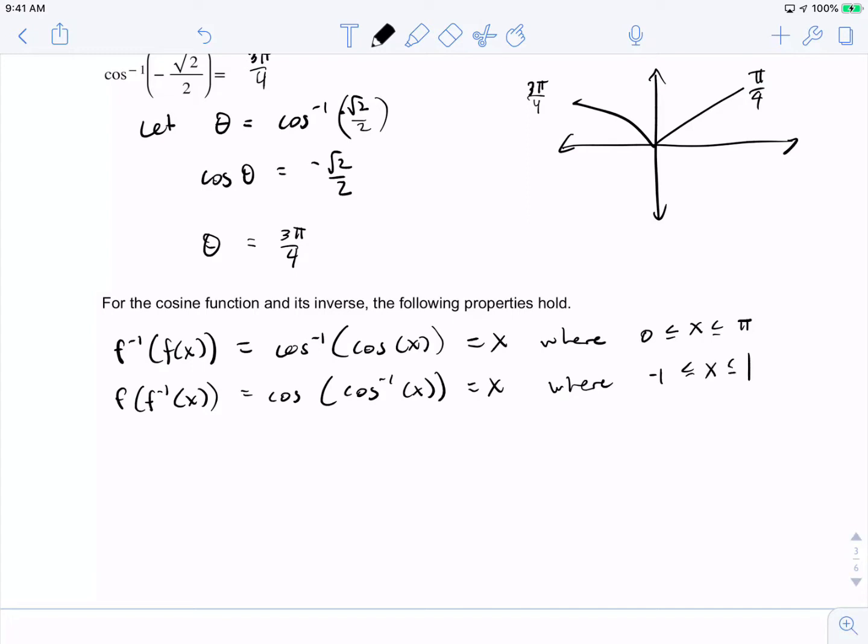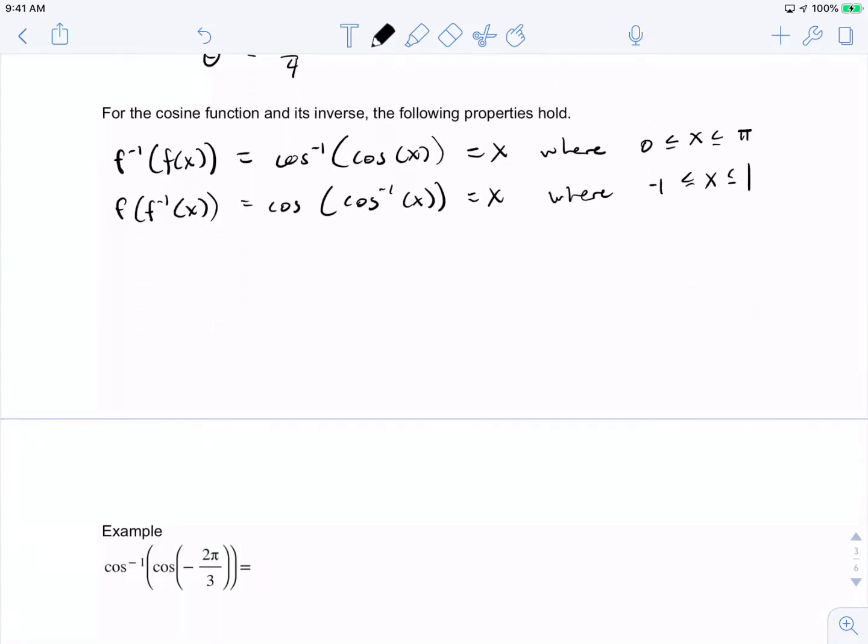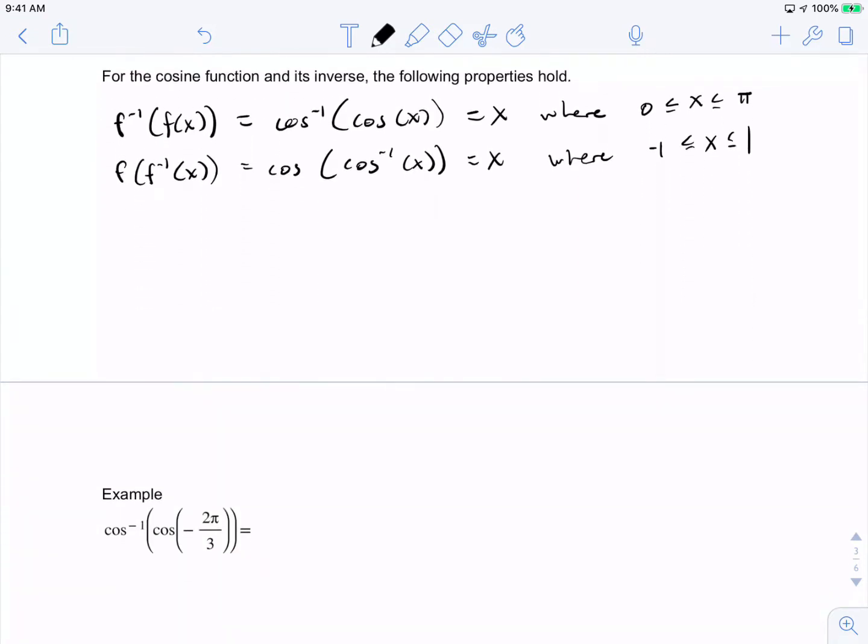Okay, so using this new information that we have, let's see if we can solve this first problem. Now, something very neat here is we see that we're going to be between 0 and pi, but -2 pi over 3 isn't in that interval.